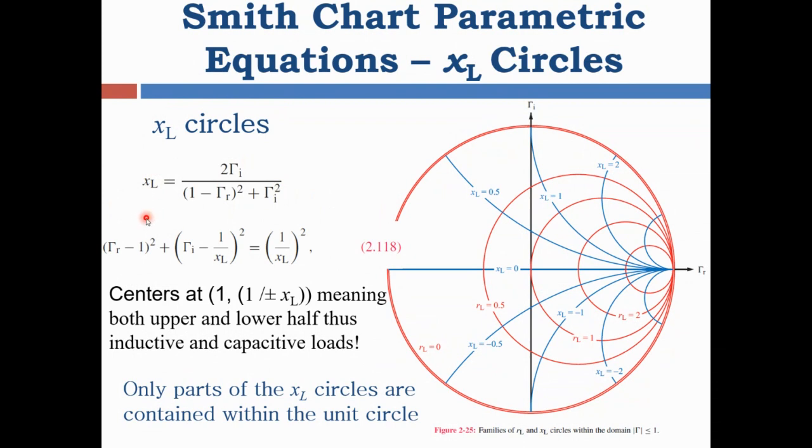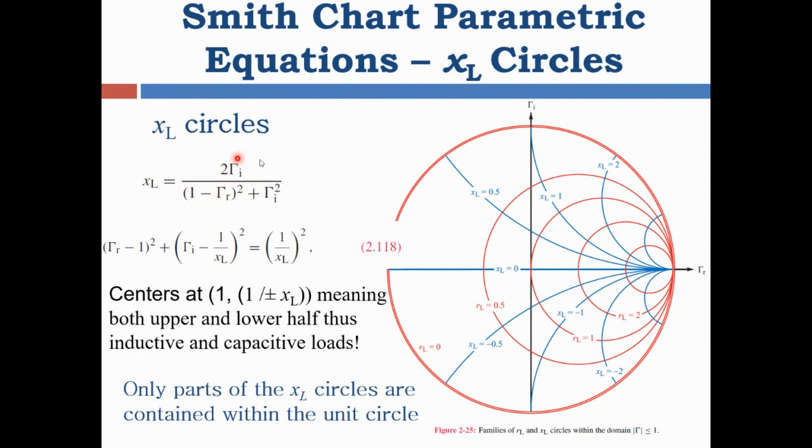Since you saw the real circles, if you put an X of L equal to this, how many gammas are there whose imaginary and real parts all end up giving you, let's say, an X of L of 2, just like the real part?